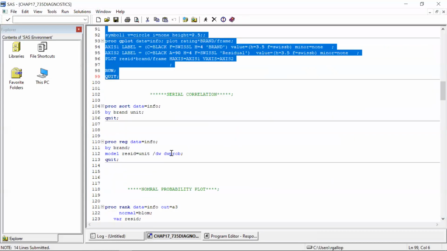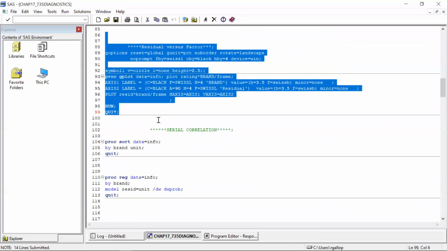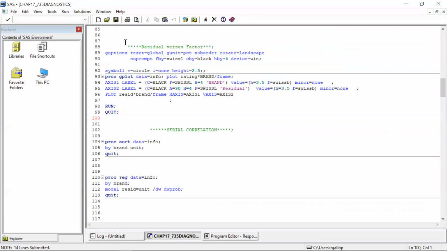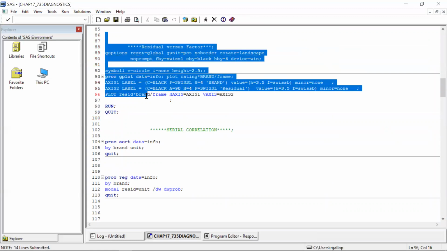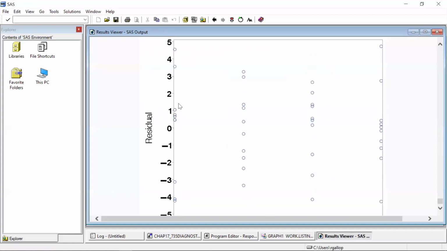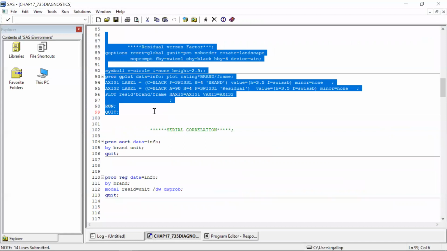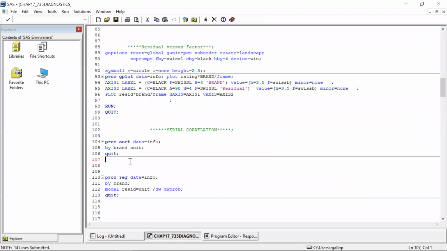Let me show you guys this one really quick. Right, so that's our plot right there. Let me just do one more. I'm just going to copy this really quick.